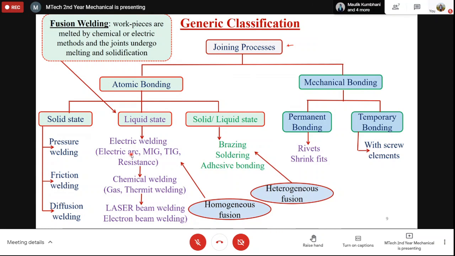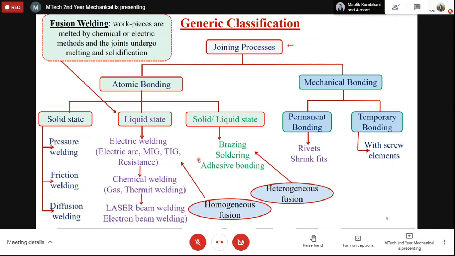Now one type of bonding we have is adhesive bonding. In adhesive bonding, we are using some type of adhesives, like epoxy resins, Fevicol, gums, to join the material. Again, we are not applying any heat or pressure on the material.